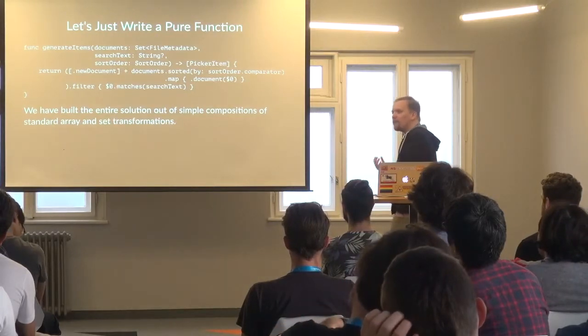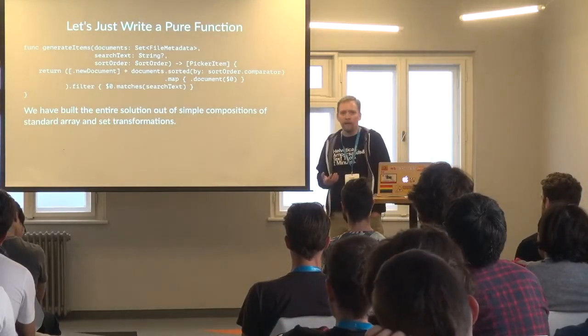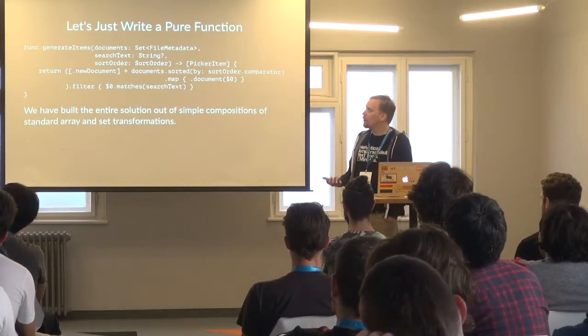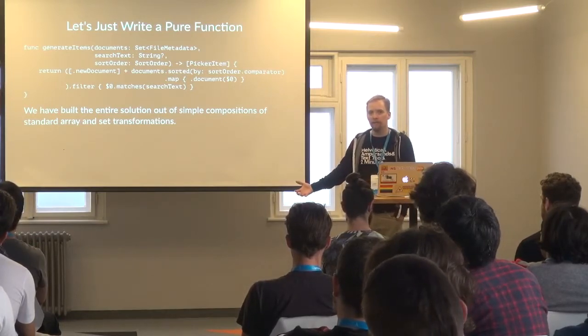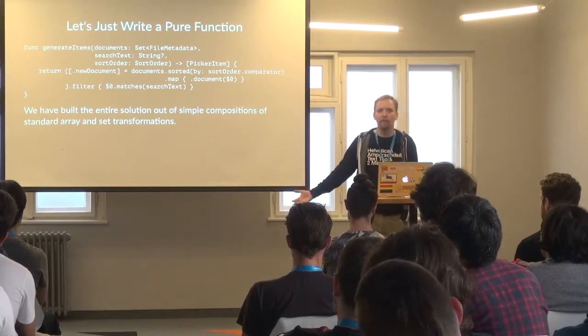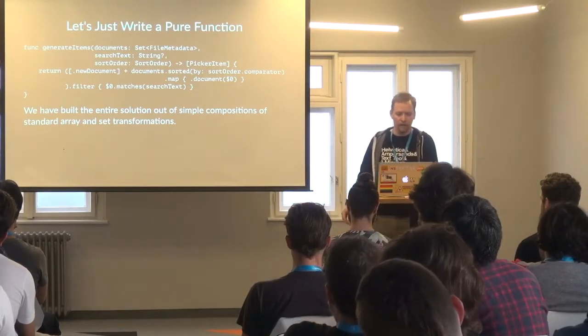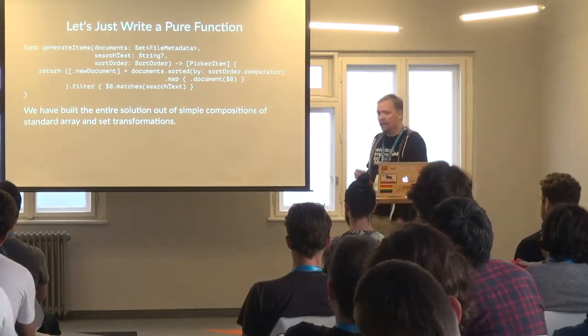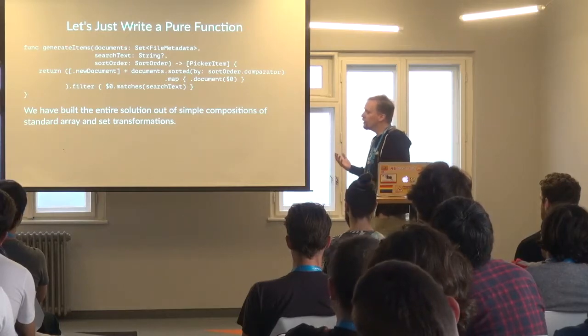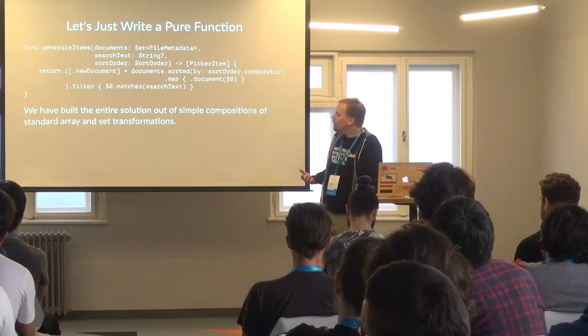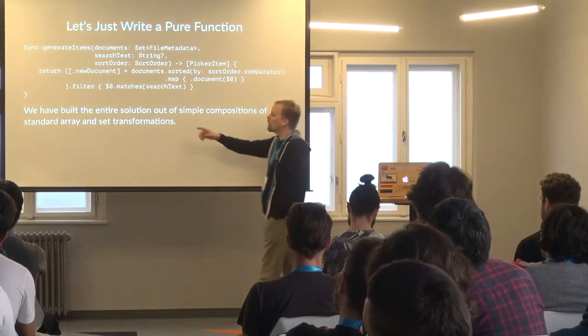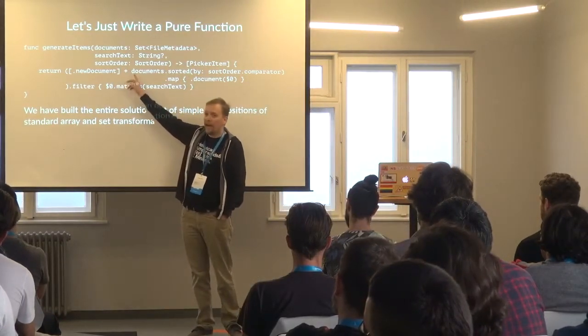Now, the simplest possible way to approach this problem is to just write a pure function that takes these input parameters and returns an array with this array of view models that we need to display. And it's very easy to write. We have all these standard transformations that work on simple collections and values. So, for example, we have a concatenation operator for two arrays.